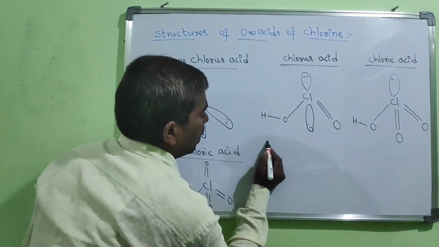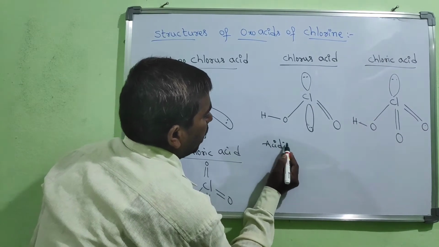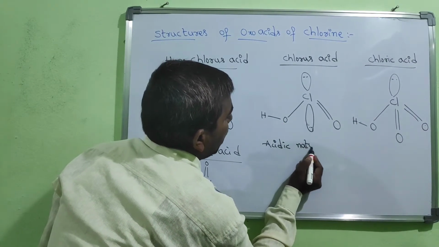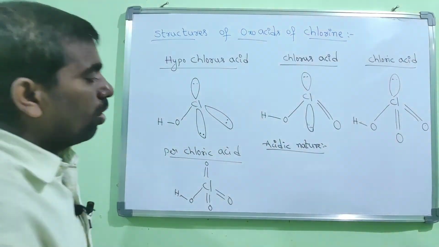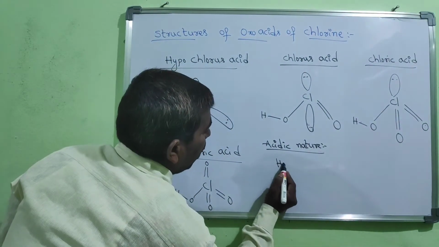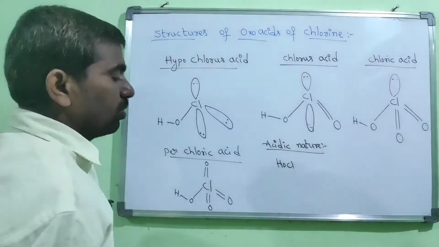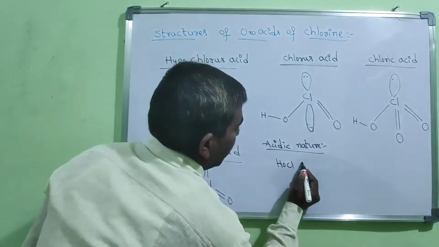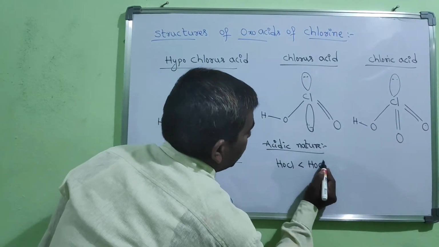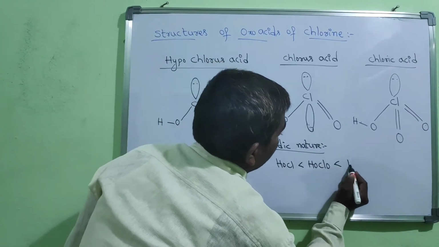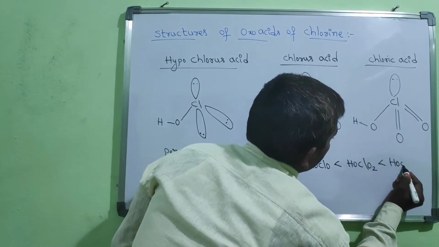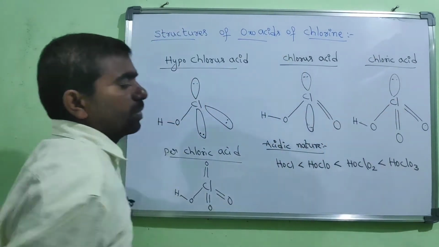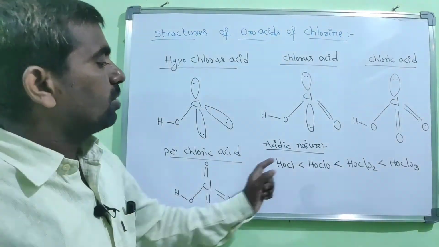Now about the acidic character, the acidic nature. The order of acidic strength of oxo acids of chlorine is HOCl less than HOClO less than HOClO2 less than HOClO3. That is the order of acidic nature.